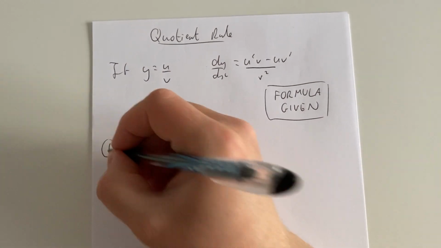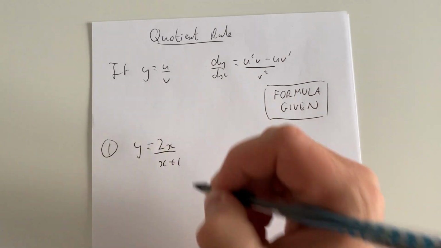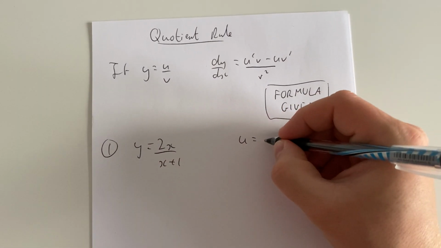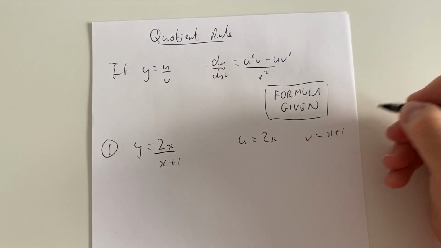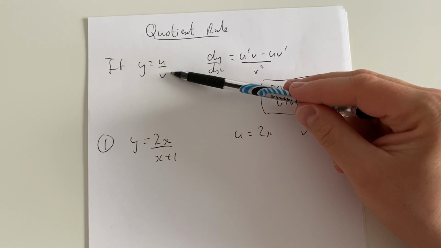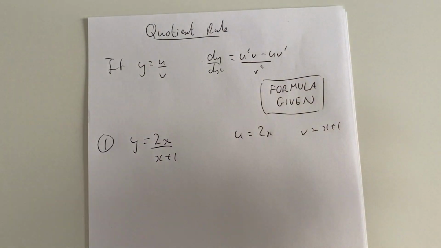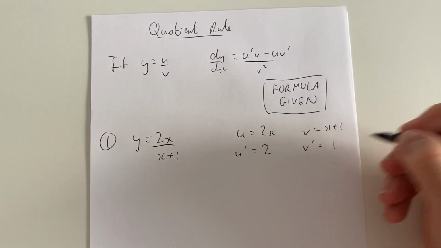So if we jump straight into an example, y equals 2x over x add 1. Follow a very similar pattern to before. Just make sure that you know which is your u and your v. Remember, u is the numerator, so the top, v is the bottom. If you differentiate them, you get 2 and 1 in this case.